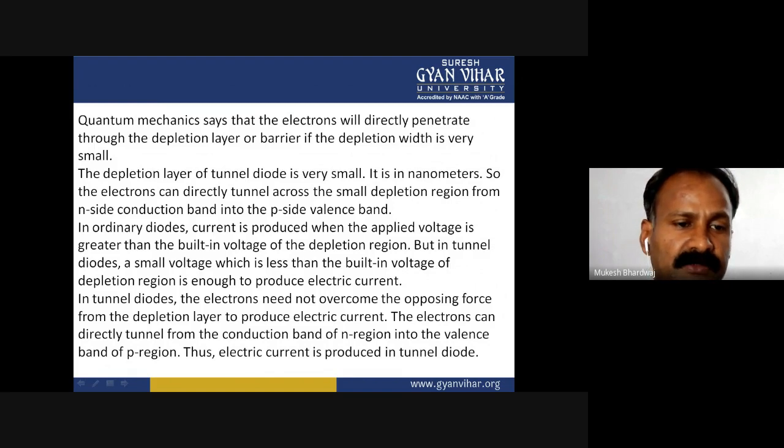But in tunnel diodes, a small voltage which is less than the built-in voltage is enough to produce electric current. The electrons need not overcome the opposing force from the depletion layer. They can directly tunnel from the conduction band of the n region into the valence band of the p region. Thus, electric current is produced in the tunnel diode.